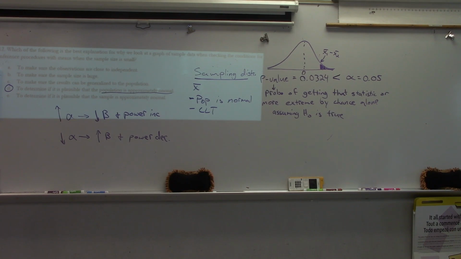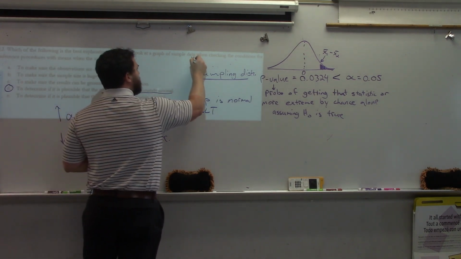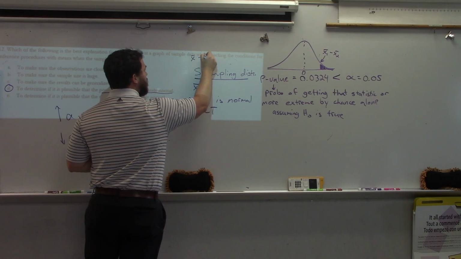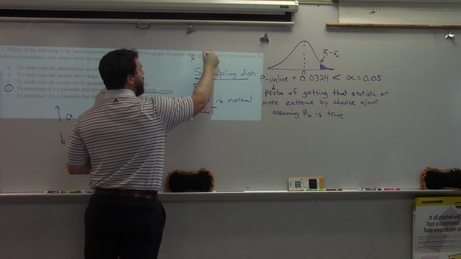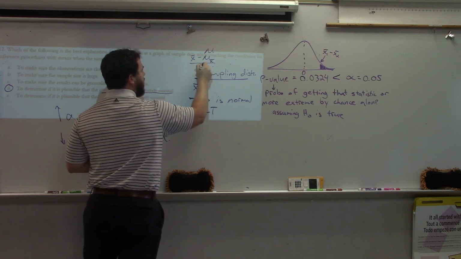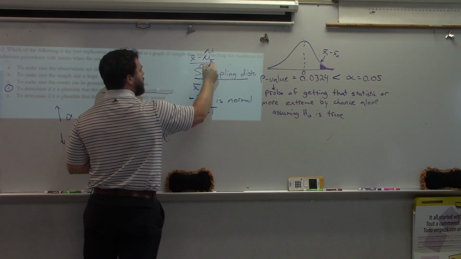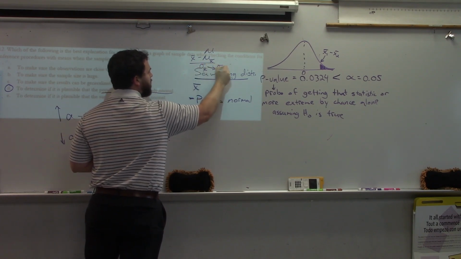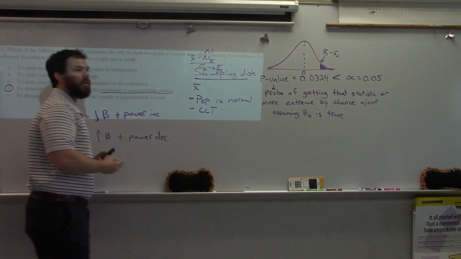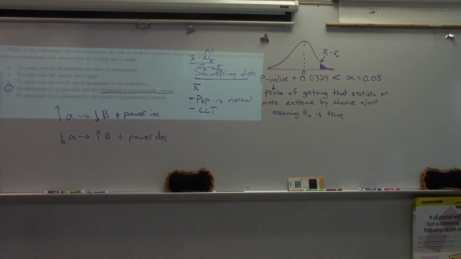All inference procedures, Haley, are built out of what? Sampling distributions. That's why we use X bar minus mu, because the mean of X bar is mu. We technically use the standard deviation of sample means, which is the standard deviation divided by the square root of n. It's all built out of sampling distributions.